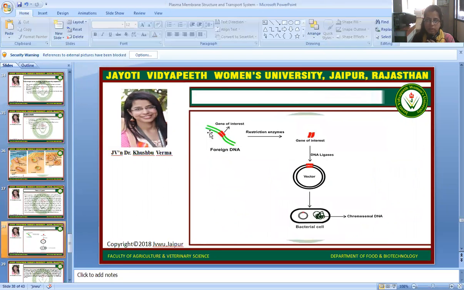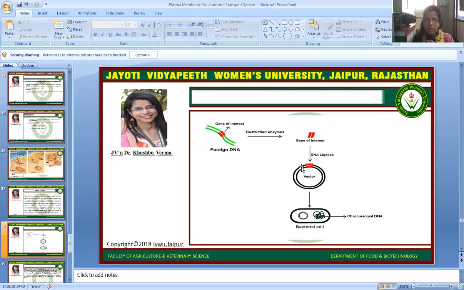This is the flow diagram of the process of genetic engineering, where we can see the foreign DNA in which our gene of interest is available. First of all, restriction enzymes do their work. They will cut the gene of interest completely without any harm, and this gene of interest will be incorporated into the vector and ligated into the vector with the help of DNA ligases.